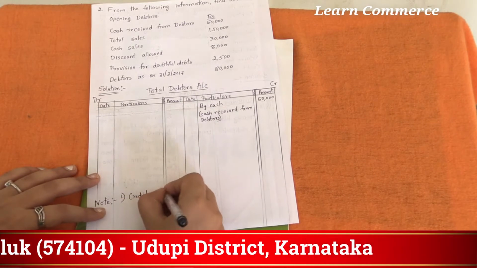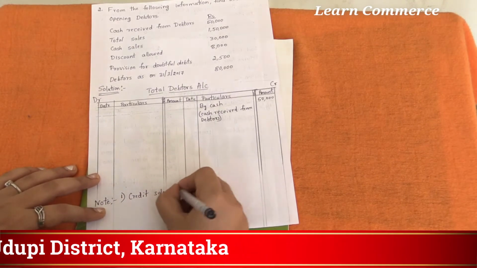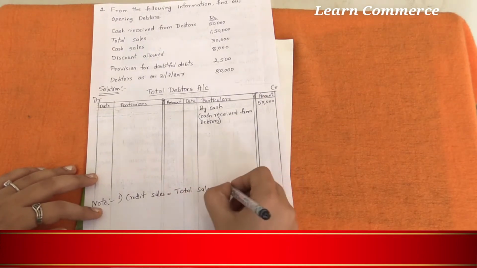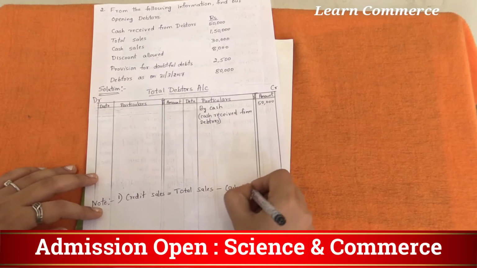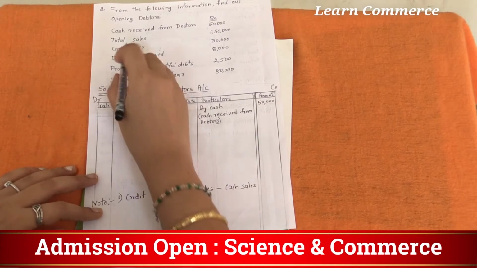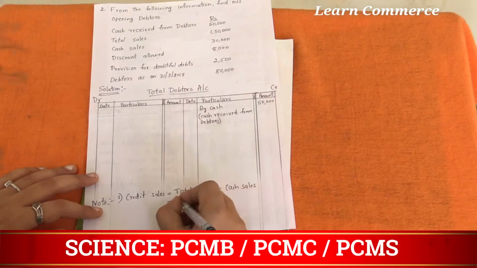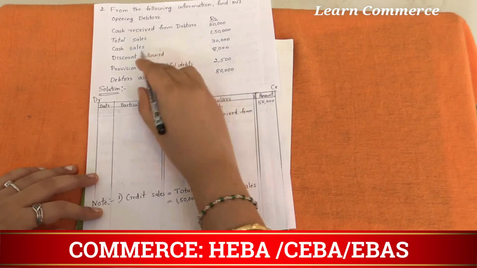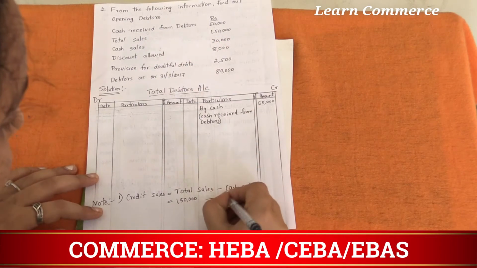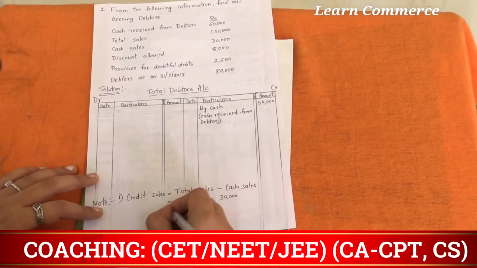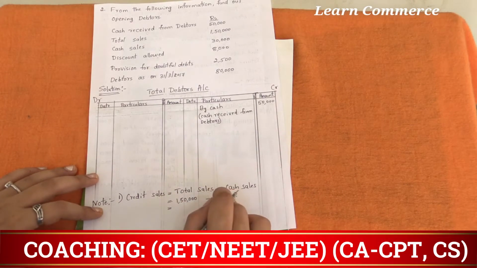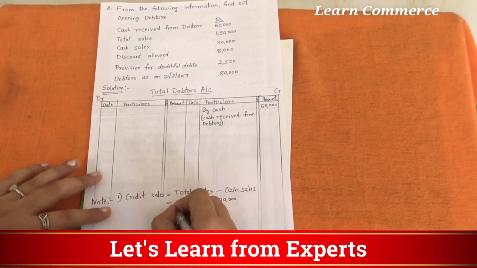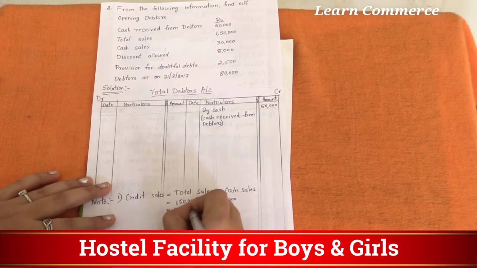Credit sales is equal to total sales minus cash sales. Total sales is 1,50,000, minus cash sales 30,000. 1,50,000 minus 30,000 is equal to 1,20,000.